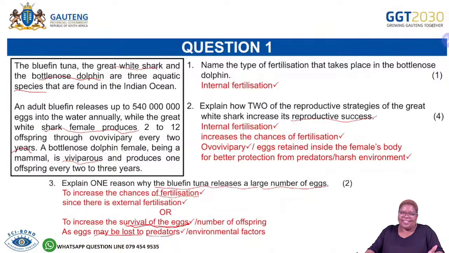To predators. So it's important to understand that the more we've got releasing of large numbers of eggs, some can be fertilized, some can be lost due to what? Predators. But we know for a fact that they are being released in large numbers, it means some can be fertilized.